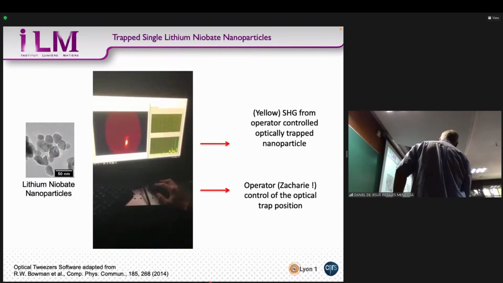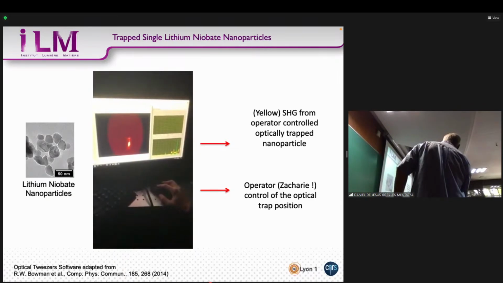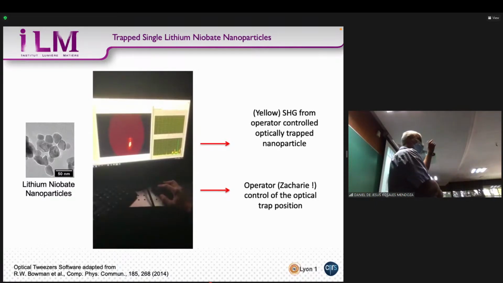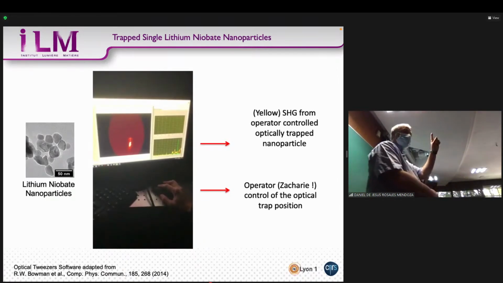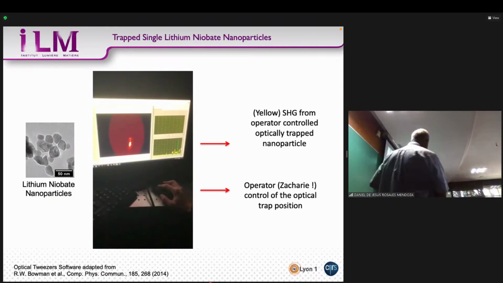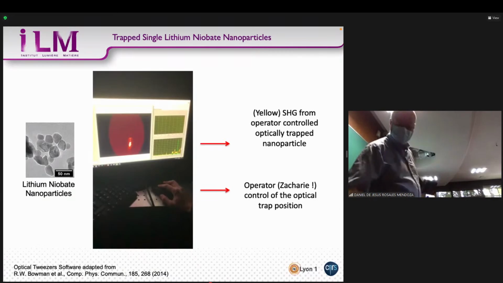But this is the hand of my student, and when the particle is in the beam, the yellow line goes up because the second harmonic is there. And when he removes the trap from the path of the fundamental beam, the signal drops. And he controls that by the mouse directly. Okay? So that's really now a full control of the system.